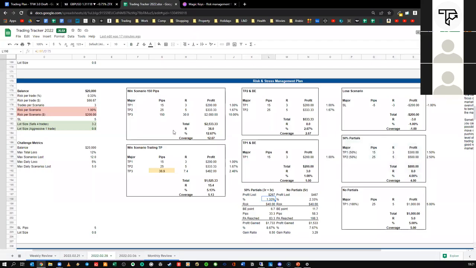And if you actually hit the profit of 150 pips on the swing, you would gain 8.6% over and above the 4%, just for leaving 1.33% on the table.